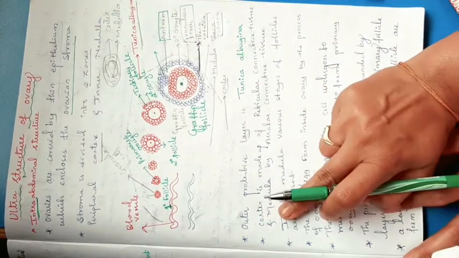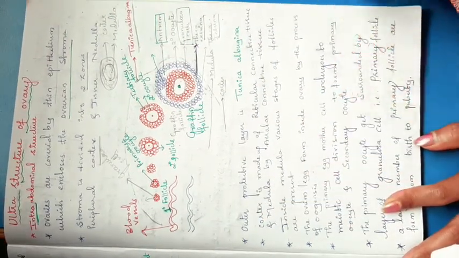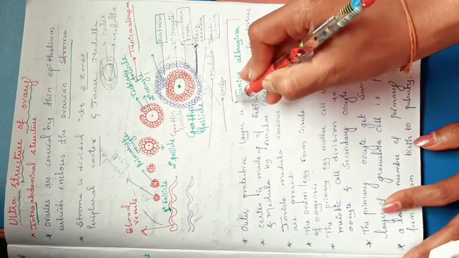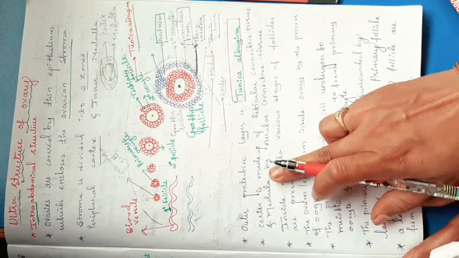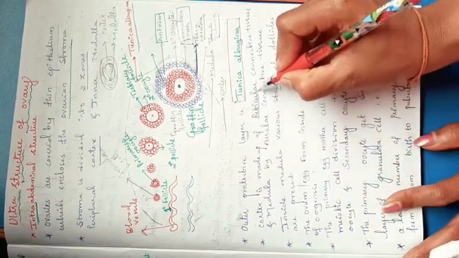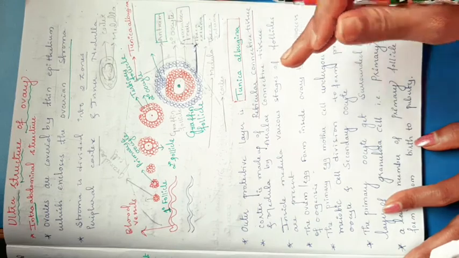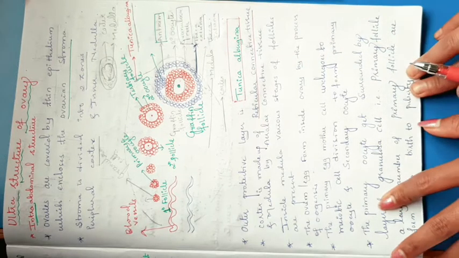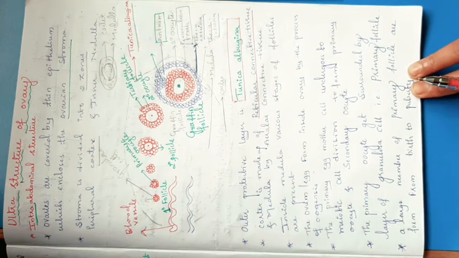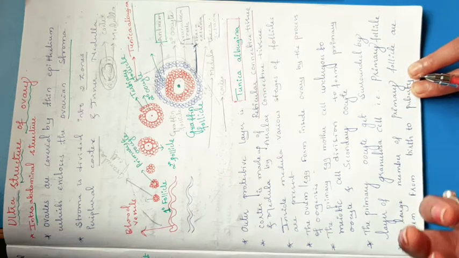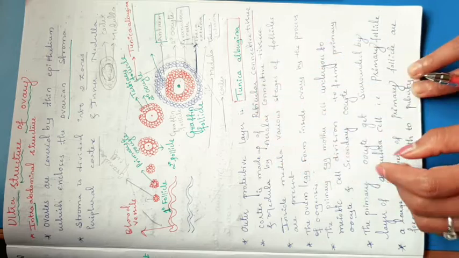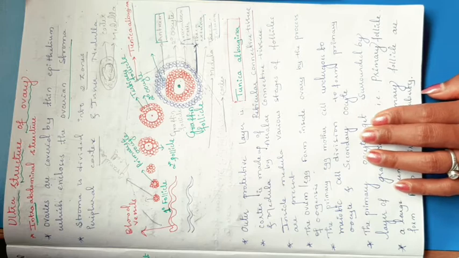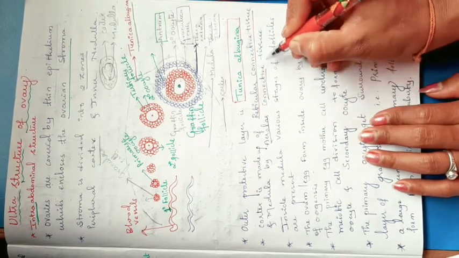Next, the outer protective layer of an ovary is called the tunica albuginea. Then, the cortex is the outer zone of the ovary, made up of reticular connective tissue. Next, the medulla is the internal portion of an ovary, made of areolar connective tissue.